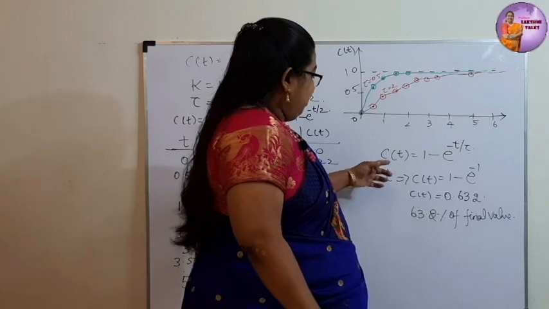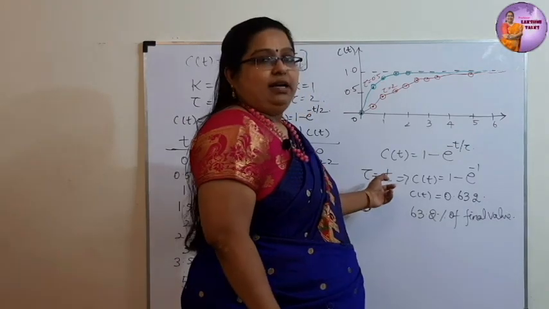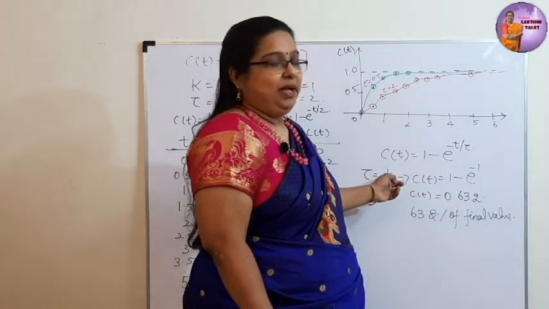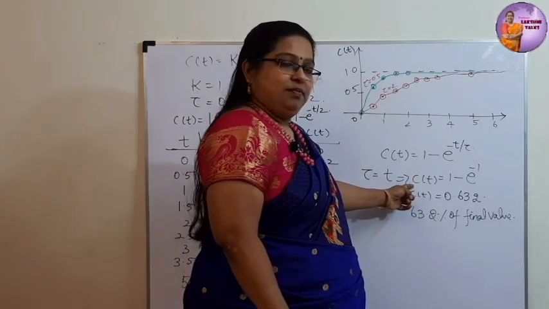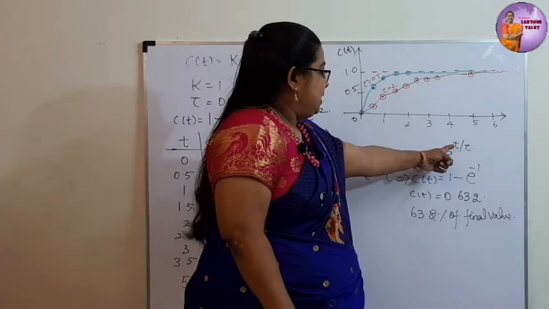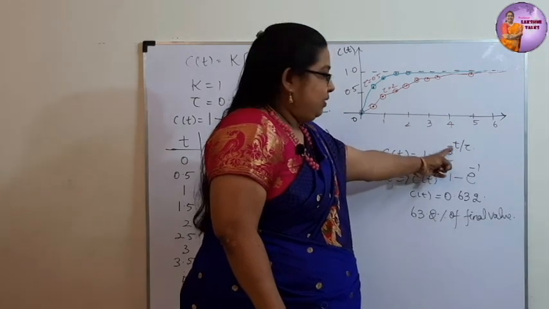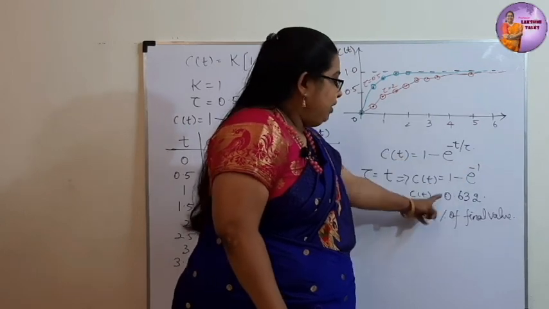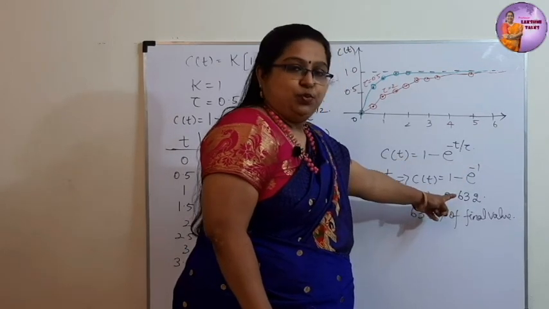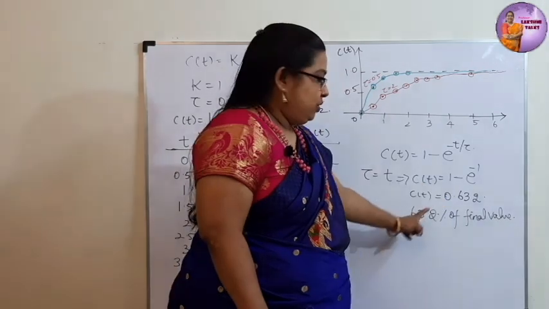So what did I say? The time constant is the time taken to reach. When tau is equal to t, you replace tau as t, and c of t is 1 minus e power minus 1. When you find out the value, it is 0.632.